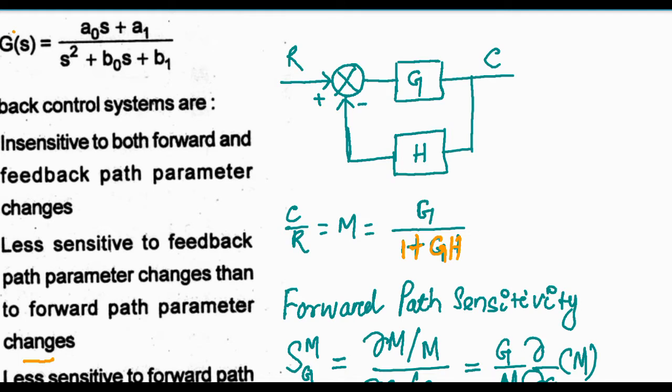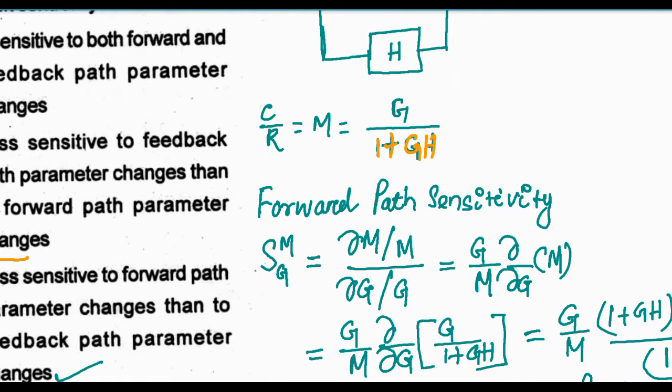Now what is the sensitivity? Sensitivity with respect to the forward path parameter. Sensitivity of M, where M is the transfer function, with respect to G, the forward path parameter. This will be del M by M by del G by G: change in transfer function by change in the forward path parameter.